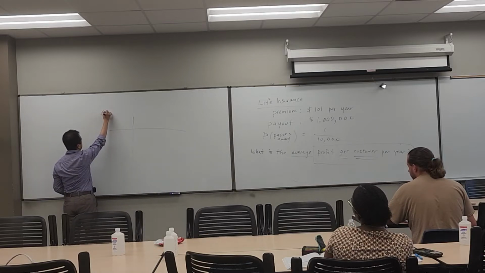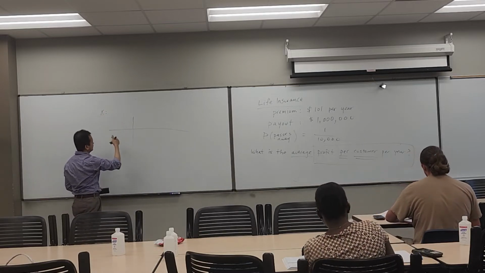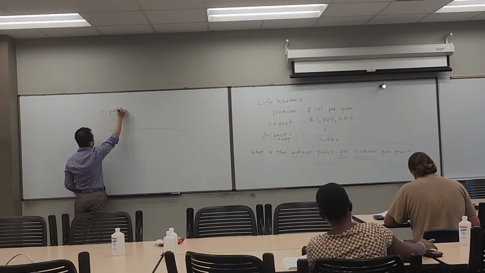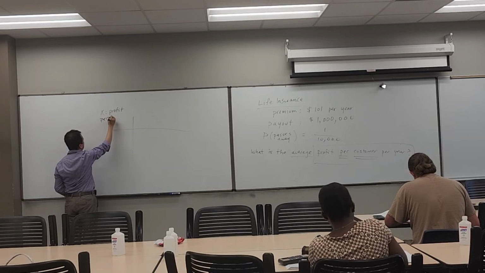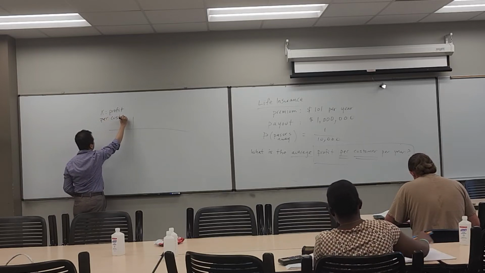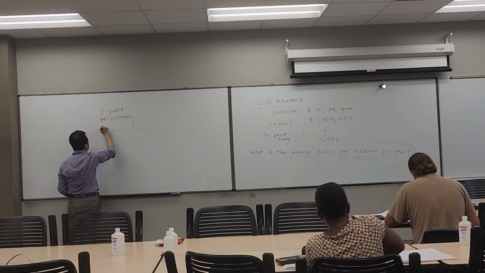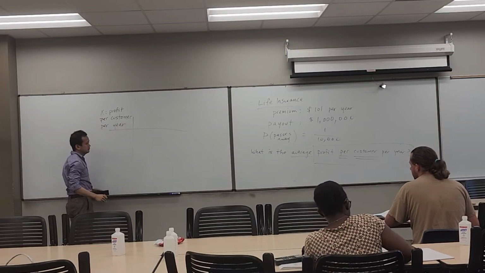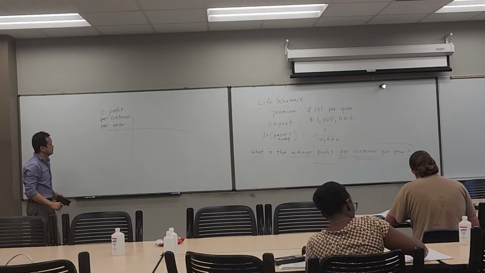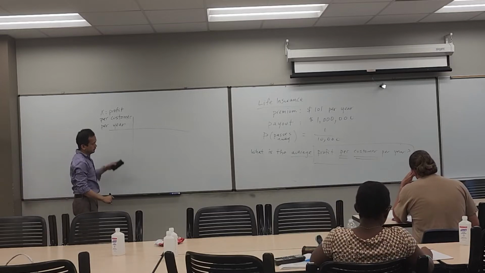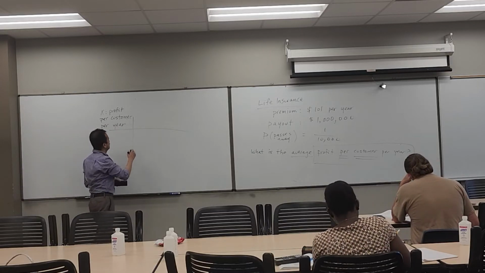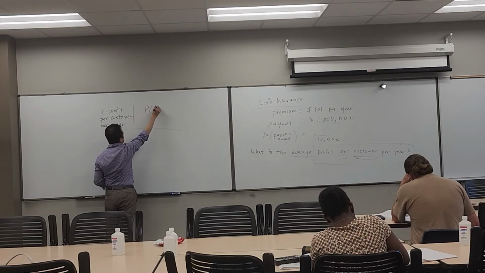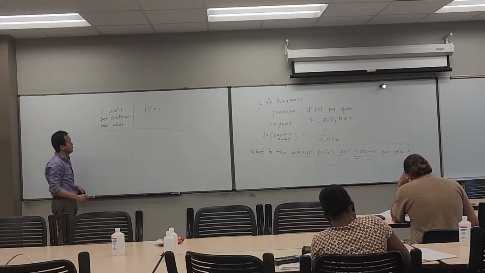So that's the variable you're trying to find the average of. And then on the second column, you're going to list the probability of that variable for all its different values.